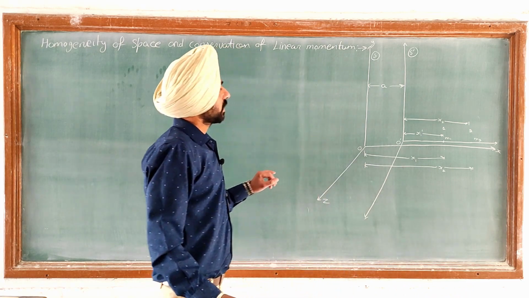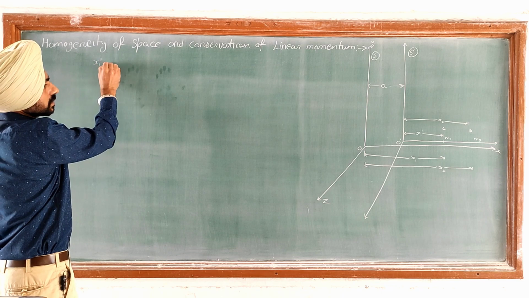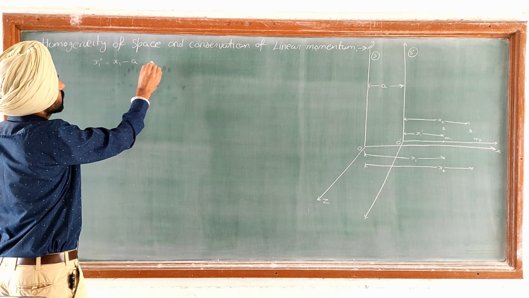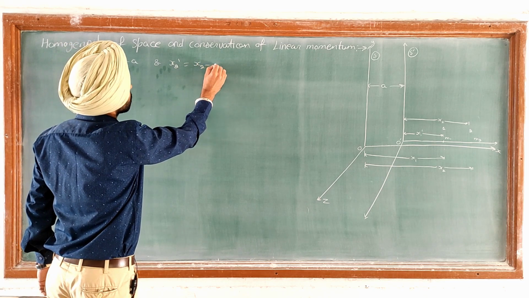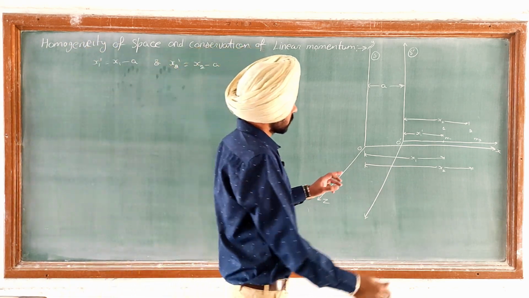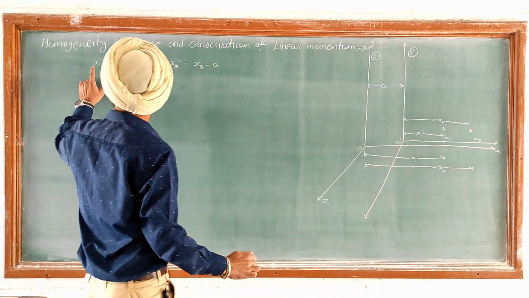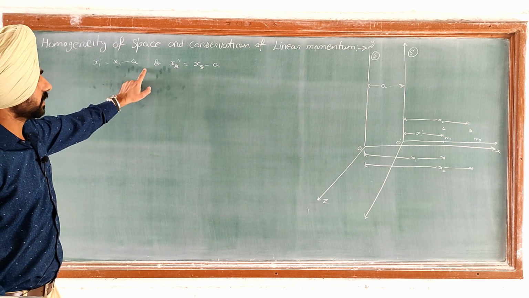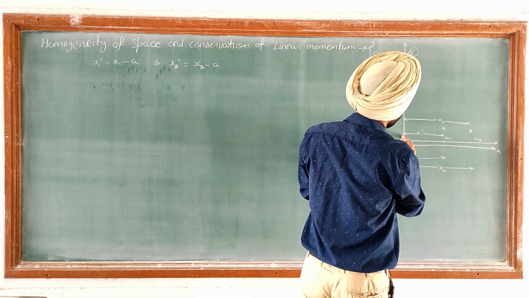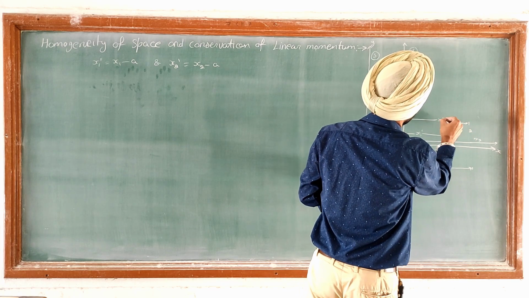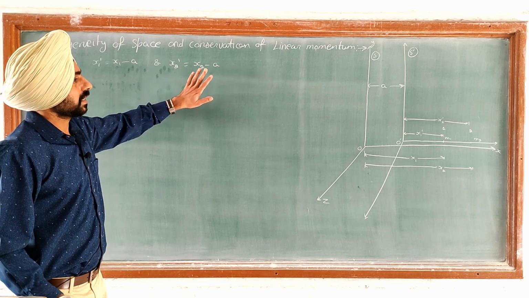Now from the diagram we have x1 prime is equal to x1 minus a and x2 prime is equal to x2 minus a. You can see x1 is equal to x1 prime plus a, so I write it as x1 prime equal to x1 minus a, and x2 is equal to a plus x2 prime, so I write it as x2 prime equal to x2 minus a.